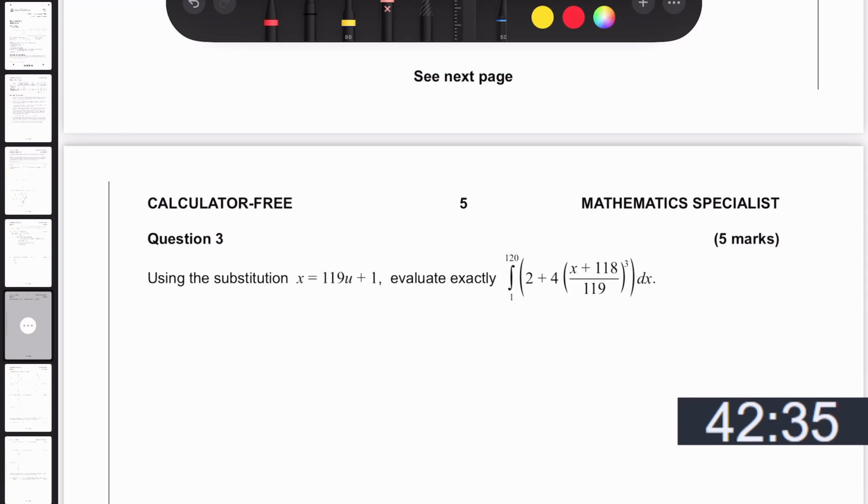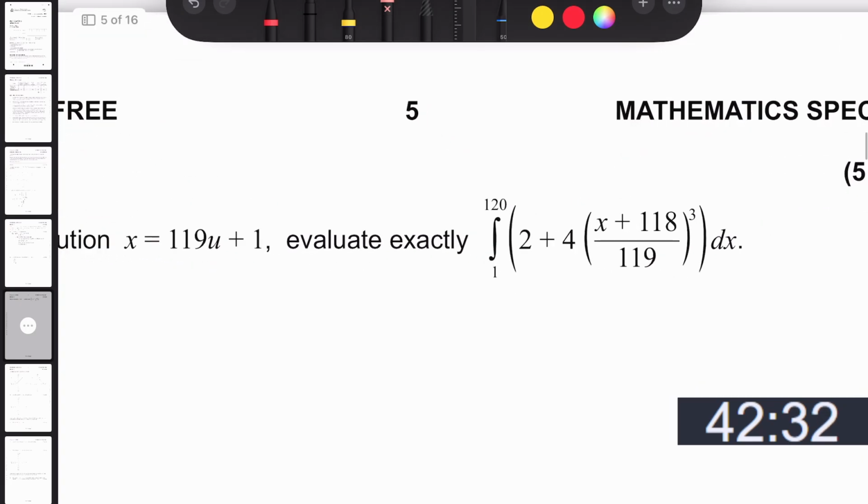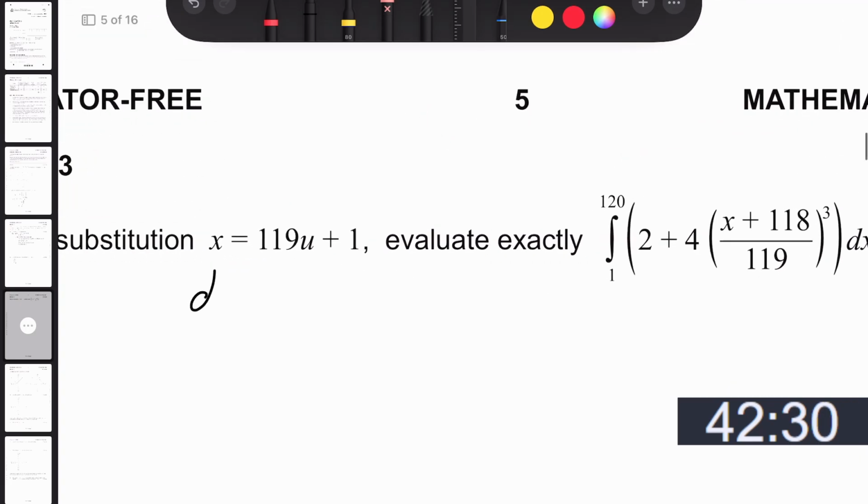Using the substitution, u equals that. Evaluate exactly. Okay, so let's just do dx du. This is going to equal 119.